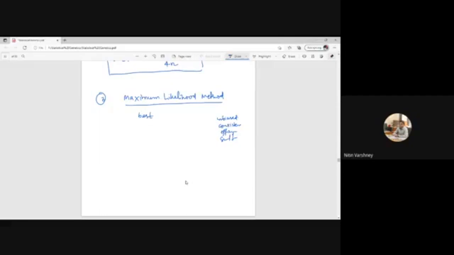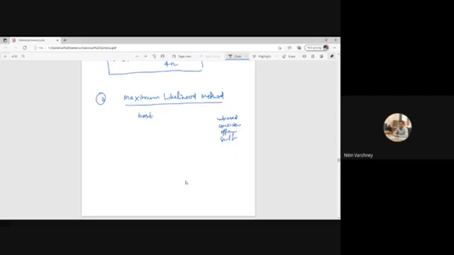So in this method, we consider the likelihood of obtaining a family of size n distributed according to the multinomial law. I told you that just like binomial, multinomial is also there.